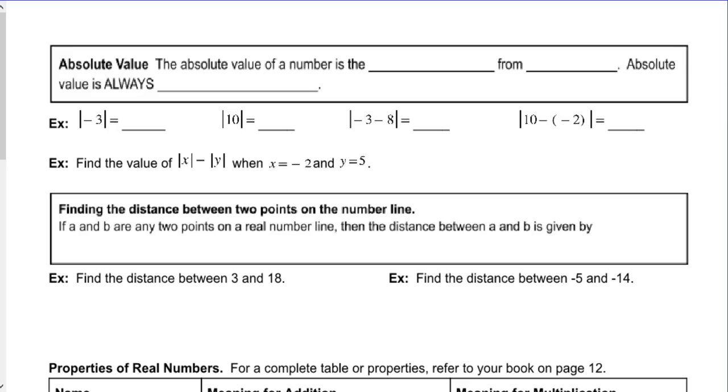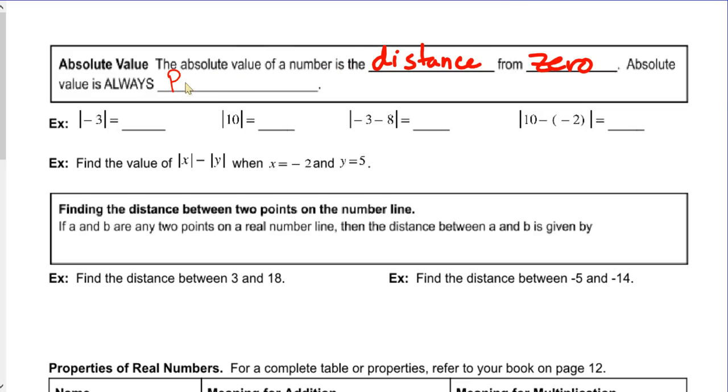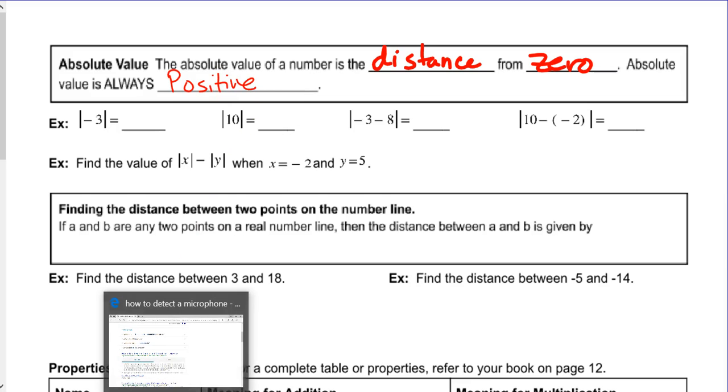All right, next our topic of discussion is the absolute value. The absolute value of a number is what we refer to basically as the distance from 0. An absolute value is always going to be positive if we're talking about it being a distance. Distance is never going to be negative, okay?